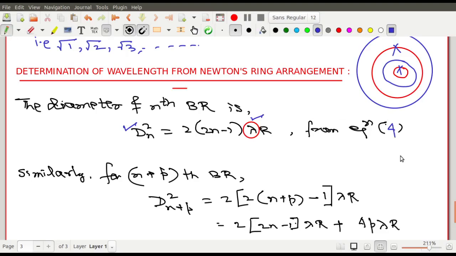The reason is that in the measuring system there can be some error. The measuring scale might have some inherent error within it which cannot normally be removed. Whenever you measure this dn², you measure it with some error, because the error is present within the measuring system.